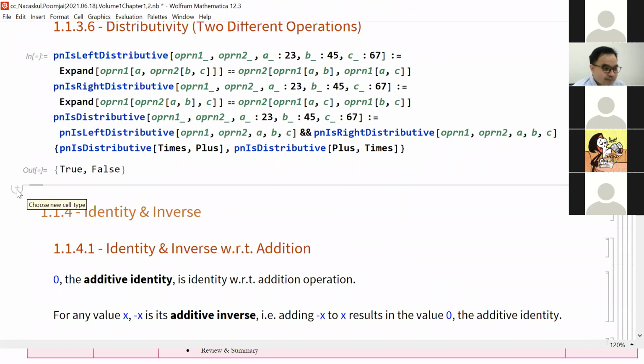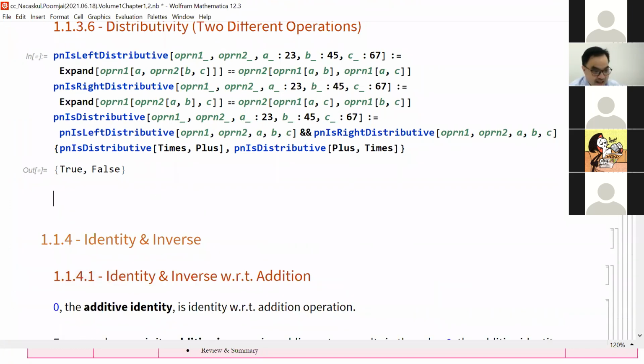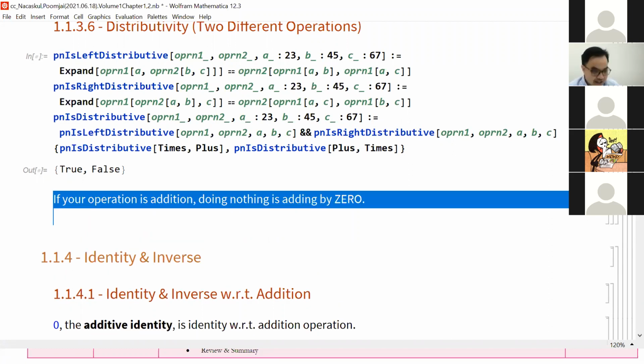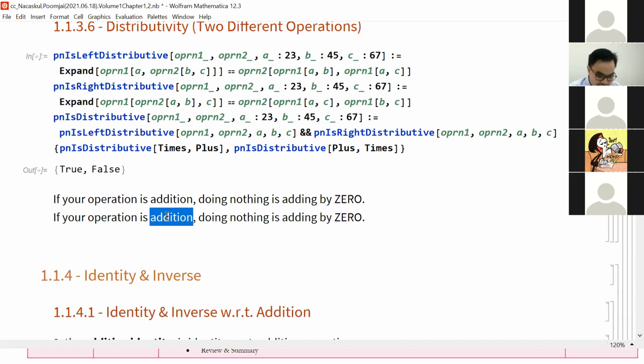If your operation is addition, doing nothing is adding by 0. On the other hand, if your operation is multiplication, then doing nothing is multiplying. Is it by 0? No, it is by 1.